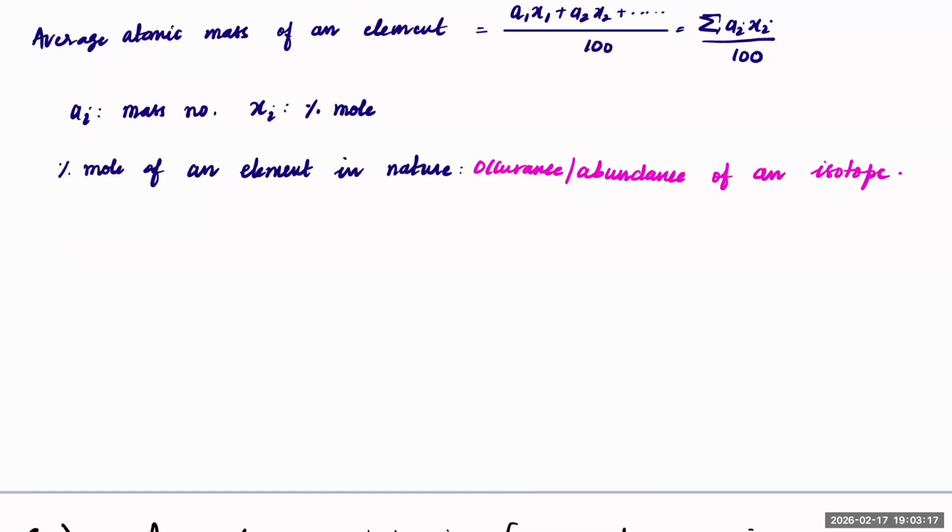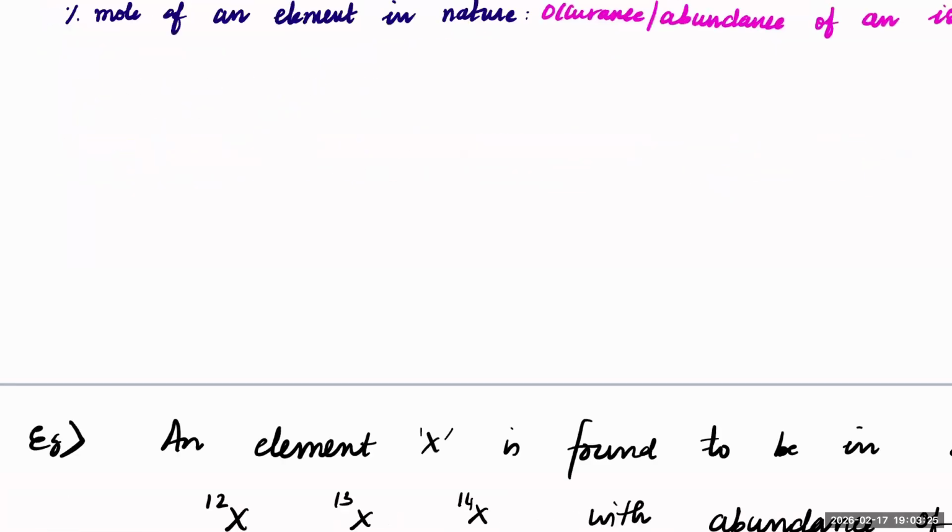Okay. Now, what if instead of giving it as a percentage mole, I give you percentage mass? Let me tell you here, in case of percentage mass given, what do I do? Notice this carefully.